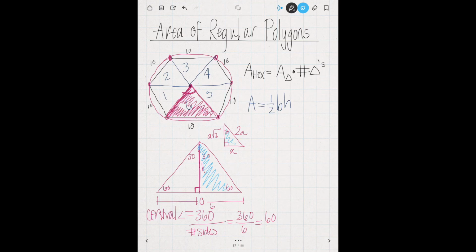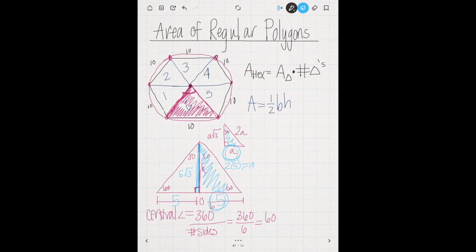Also note when I draw in my height here, that cuts these in half, so this side is 5 and this side is 5. If I'm just looking at these blue triangles, this 5 matches up with this A. So my A value is equal to 5, which means that this side is 2 times 5 or 10, and this side is 5 times the square root of 3.